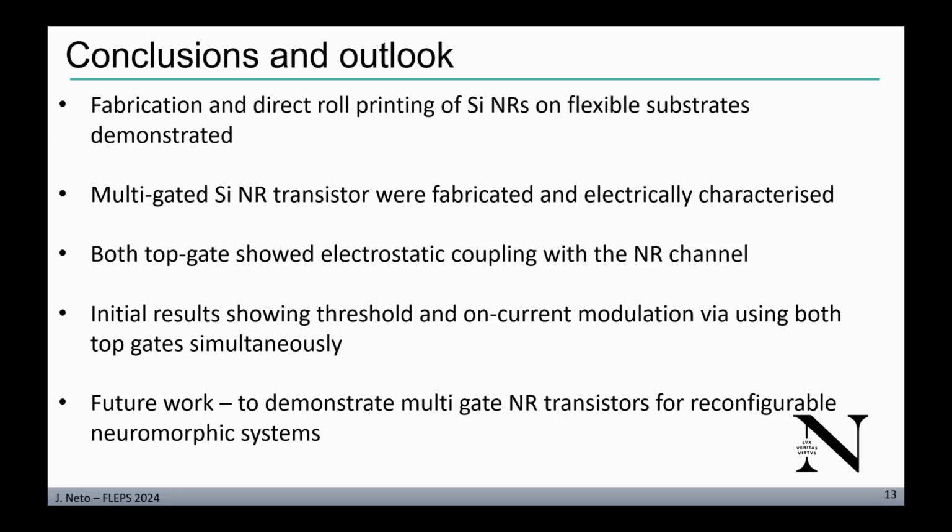The top gate showed electrostatic coupling with the nanoribbon channel. Initial results show threshold and on-current modulation while using both top gates simultaneously. As a future step, we would like to demonstrate a multi-gate nanoribbon transistor for reconfigurable neuromorphic systems, as well as something that allows online learning.